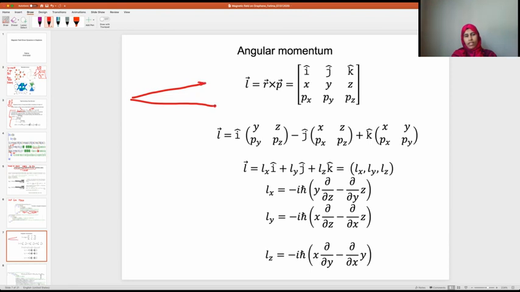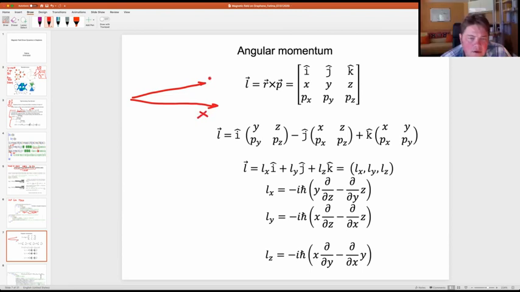Okay. So you are telling that for a magnetic field orthogonal to the plane of graphene, only the z component of angular momentum participates in the interaction.